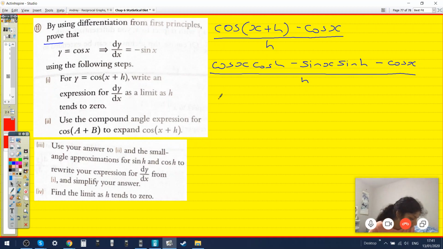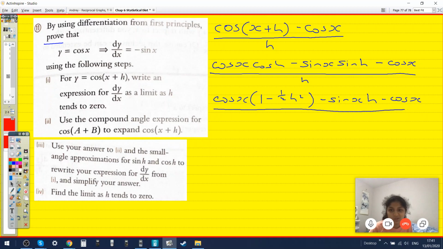So cos h is 1 minus half h squared. Minus sine x times h, just h, because sine theta is equal to theta. Minus cos x over h. How do you simplify that even more? I suppose you could factorize out cos x.